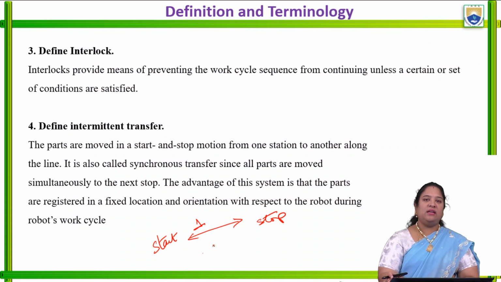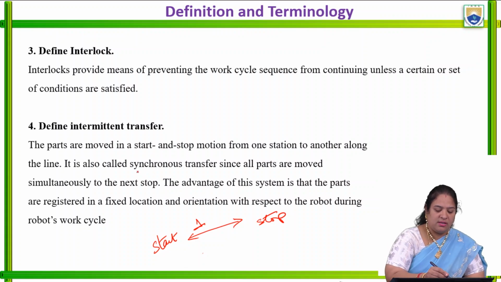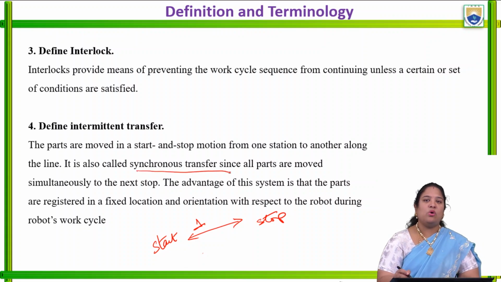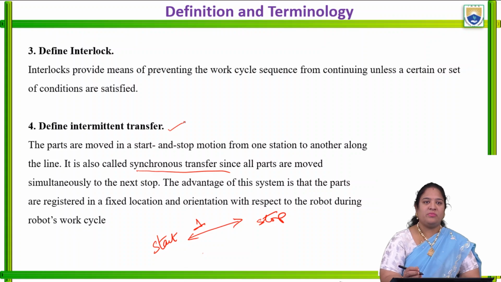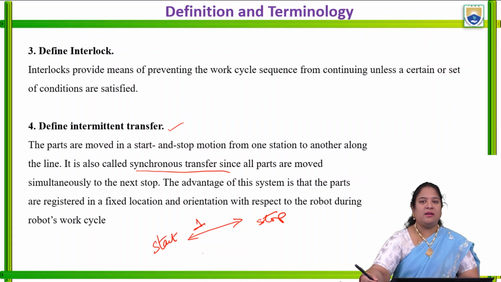This is known as intermittent transfer. It is also called synchronous transfer, since all the parts are moved simultaneously to the next stop. We can also call this intermittent transfer a belt transfer, that is, when we are picking and placing objects on the belt conveyor.